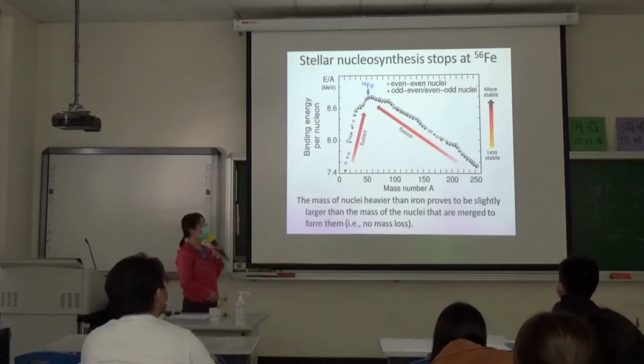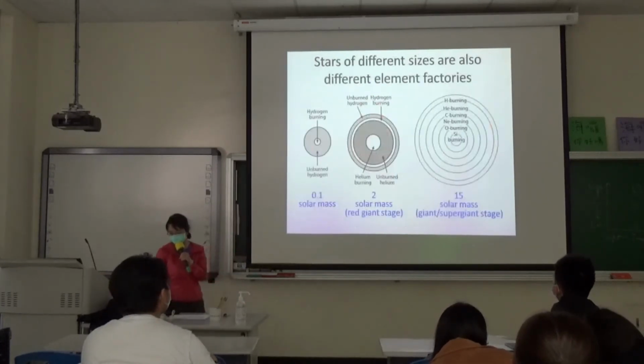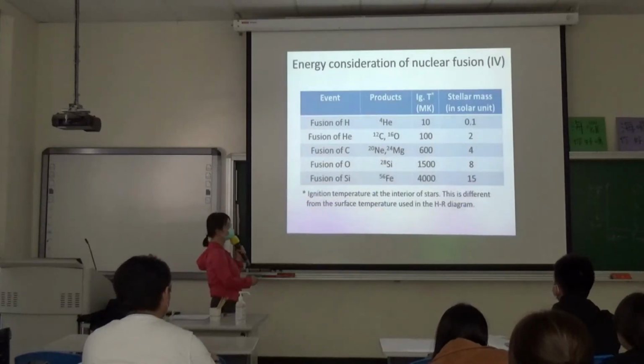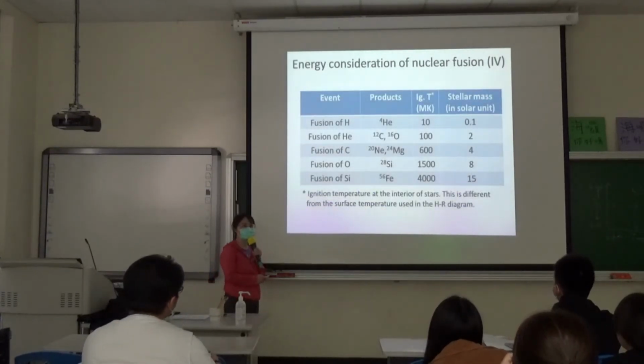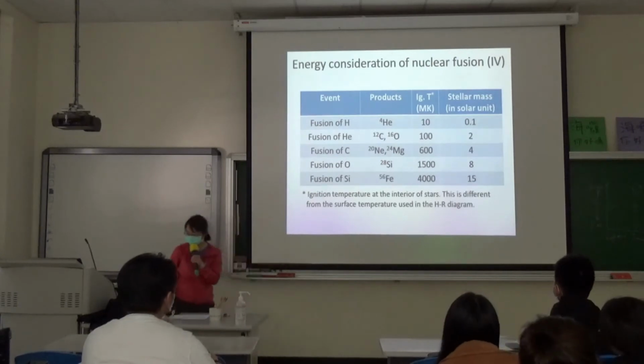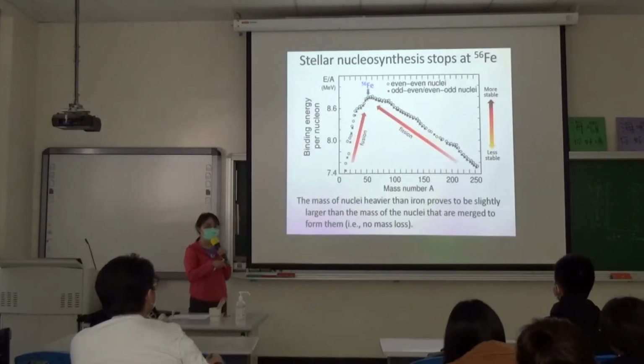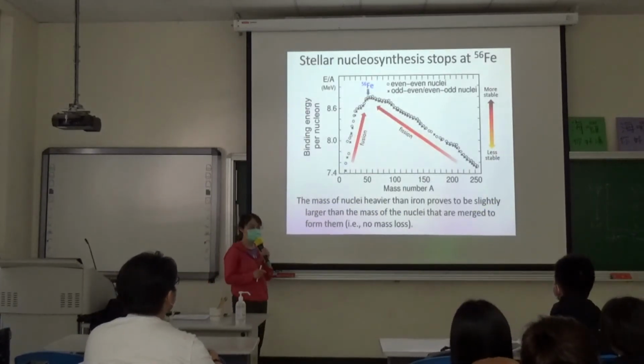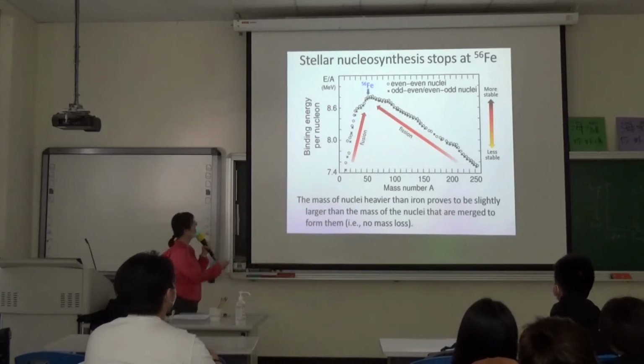These graphs tell you why stellar synthesis stops at iron 56. This is the end of nuclear fusion in stars. Because based on atomic physics, this is the mass number.